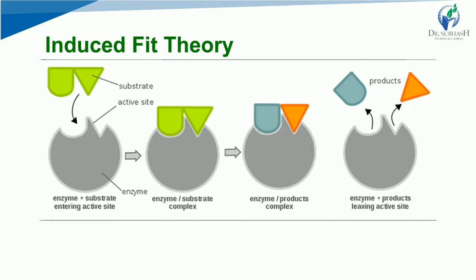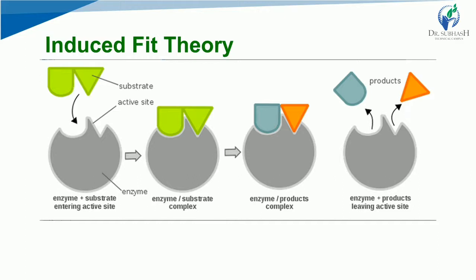That is the second figure, the enzyme substrate complex. Then as soon as they combine, they start getting converted into the product, forming the enzyme product complex. And last but not least, the enzyme is released and the product is removed aside, leaving the active site.